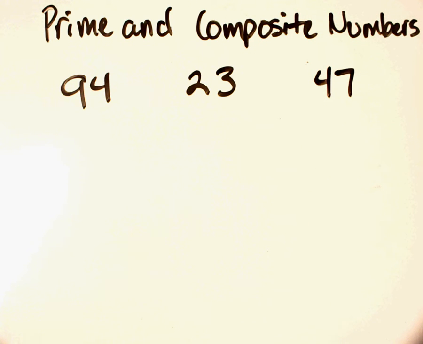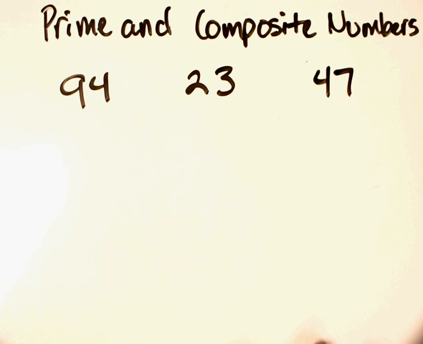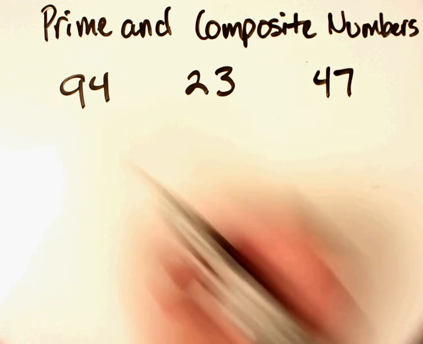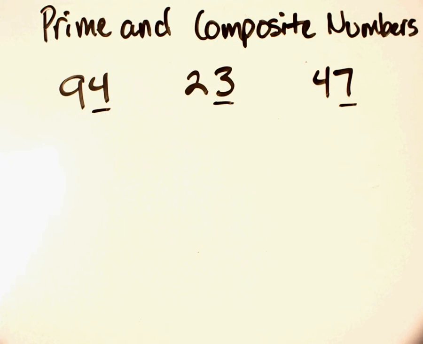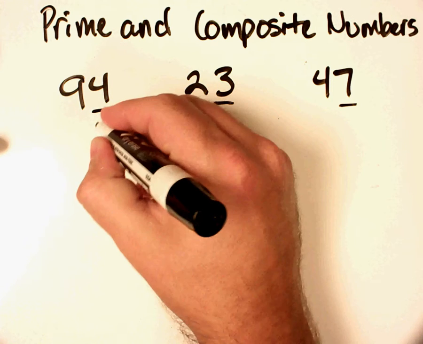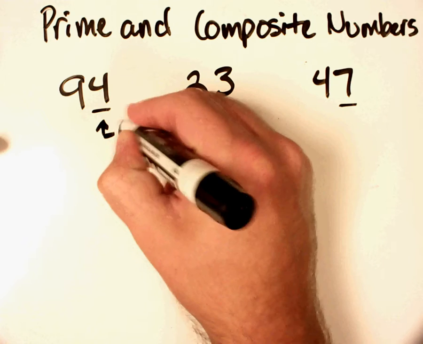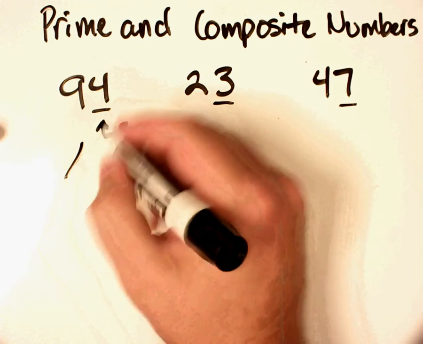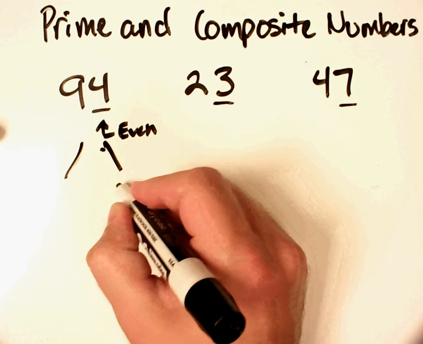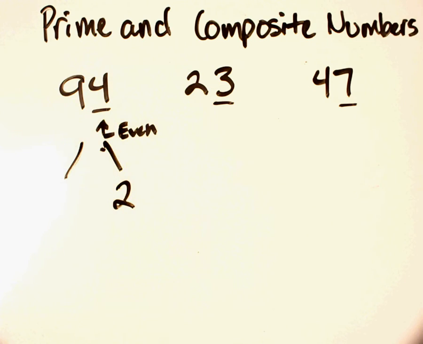All right, so one good, easy way to see if a number is prime or composite is just to look at the first digit, the digit in the ones place. Because if this digit is even, like the number 4 is, then I know I can always factor out a 2 from it.